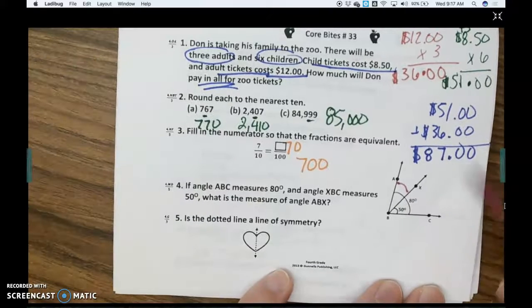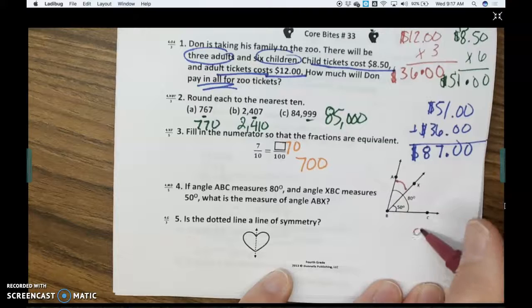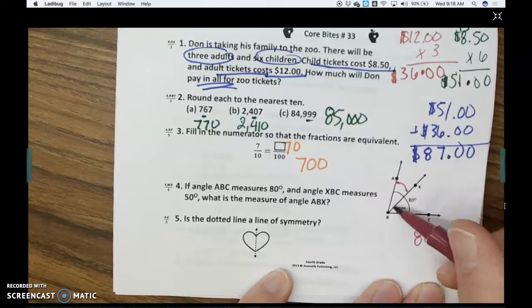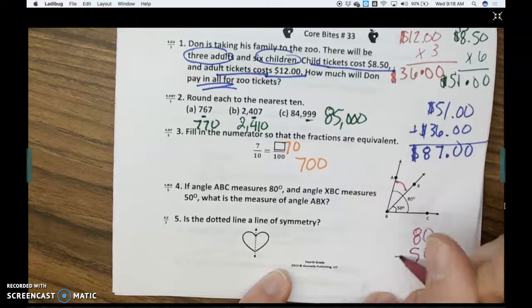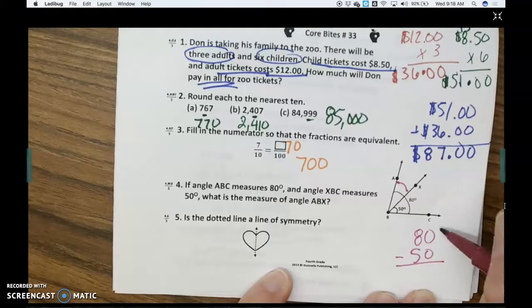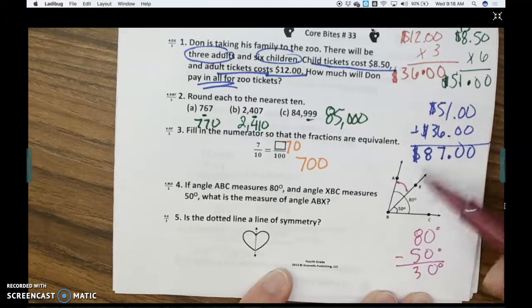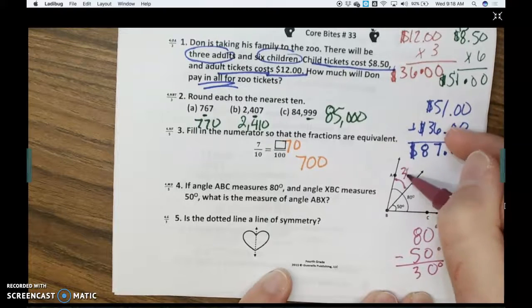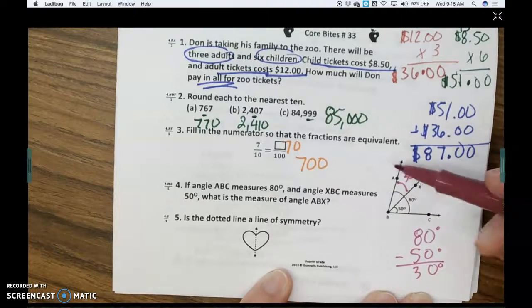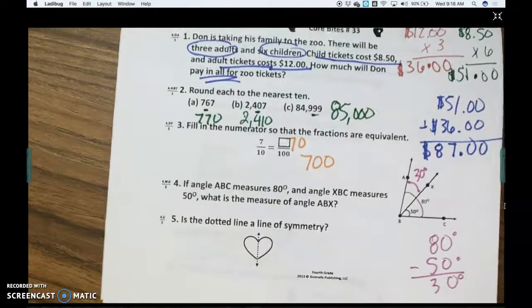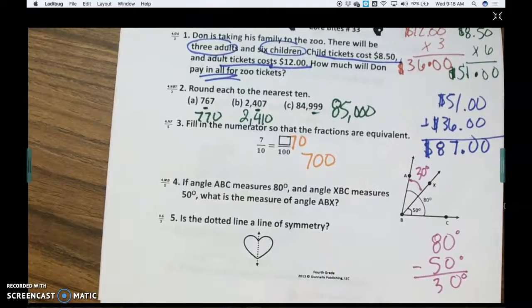So all you have to do is take your whole, which is 80, subtract the angle you know, which is 50. And I know y'all can do this in your head already. These are degrees. So 0 minus 0 is 0. 8 minus 5 is 3. So your answer for this missing angle would be 30 degrees. Because 30 degrees plus 50 degrees gives you 80 degrees.